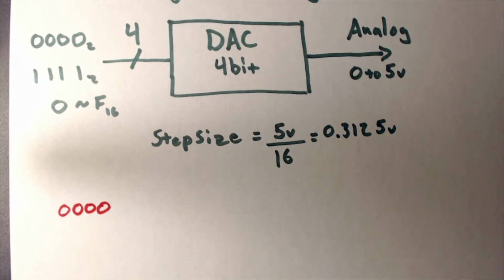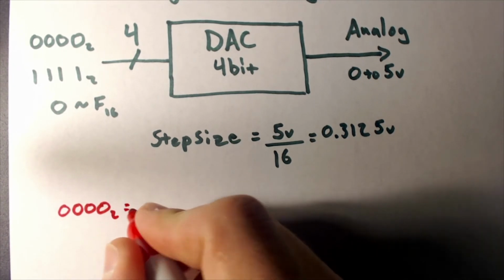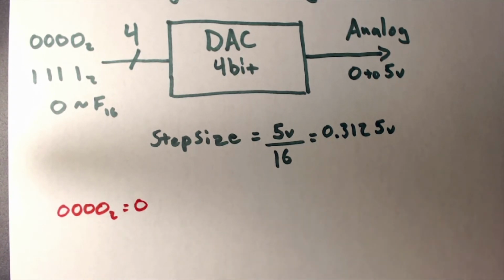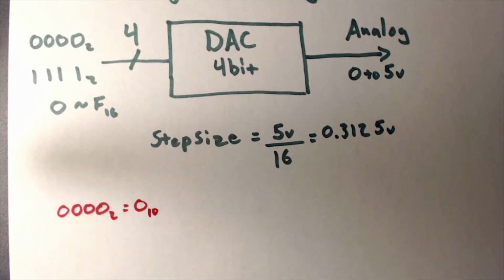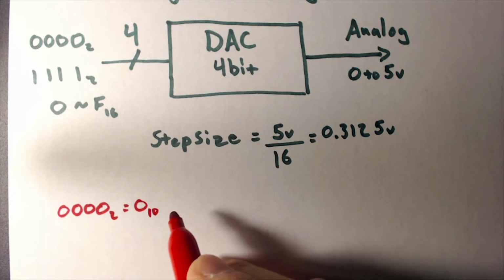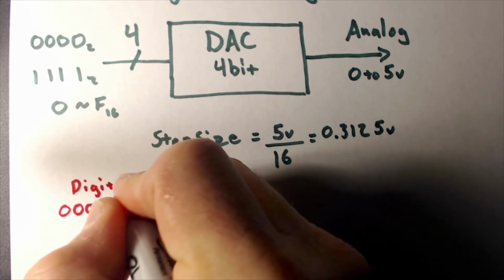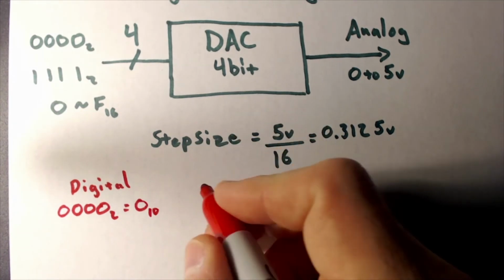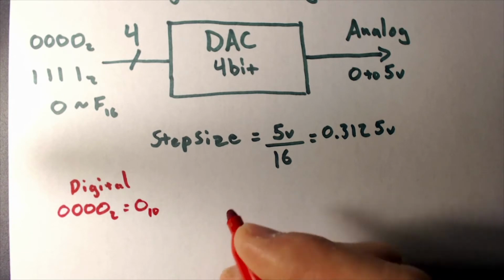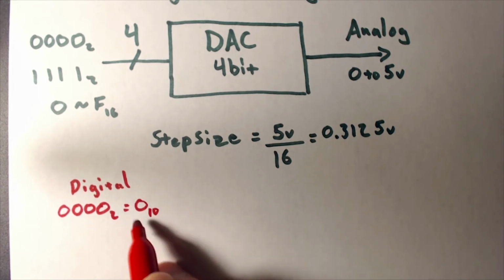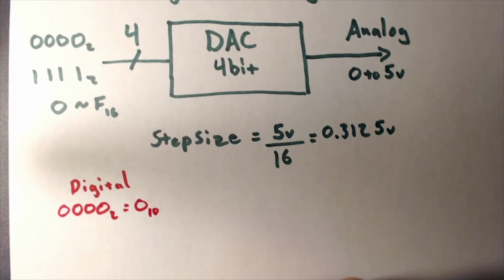Do it in binary. 0, 0, 0, 0 binary is equal to 0 base 10. Okay. So if we wanted to find out what the analog equivalent of this is, we're just going to take the value in decimal and multiply that by our step size.